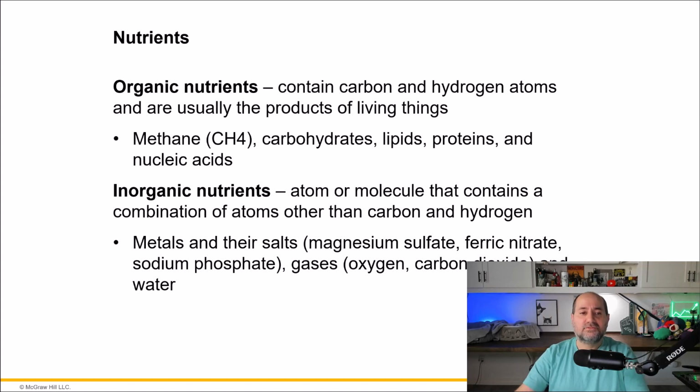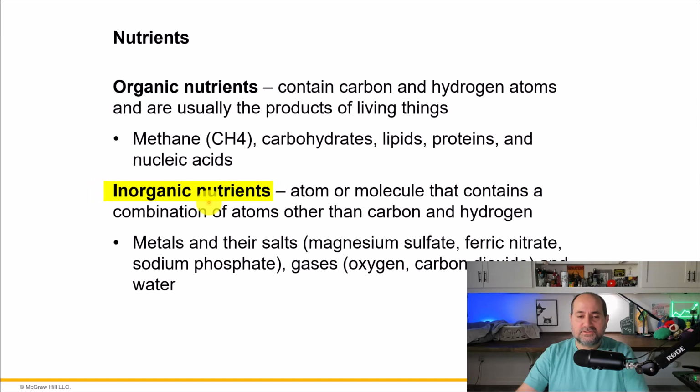Whereas methane, for instance, is an organic molecule, and it happens to be an organic nutrient. Carbohydrates. Remember, carbohydrates are made up of some multiple of carbon, hydrogen, and oxygen. Lipids, proteins, nucleic acids. All of these are organic molecules because all of these are made up of carbon and possess at least one hydrogen.